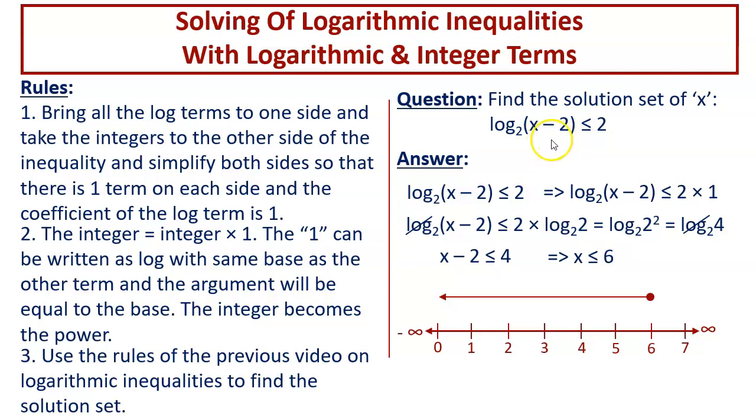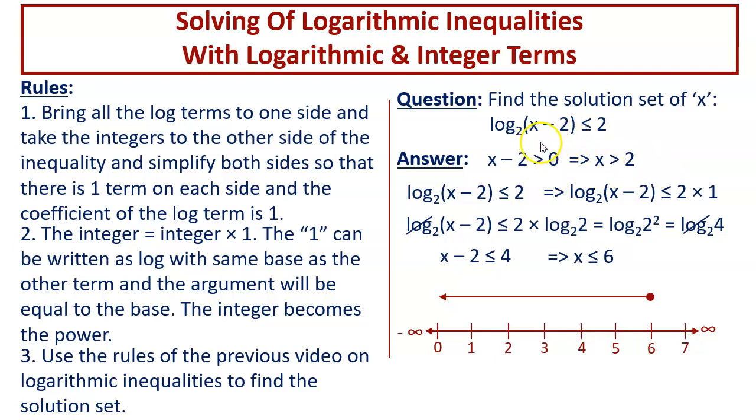So this condition should be fulfilled as well. x minus 2 is the argument, which cannot be equal to 0 or less than 0, so it has to be greater than 0. I have written it over here because I did not have any space, so do not get confused. So x minus 2 is greater than 0, or x is greater than 2.